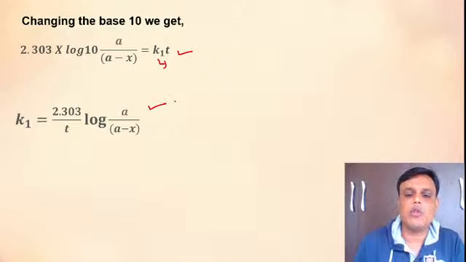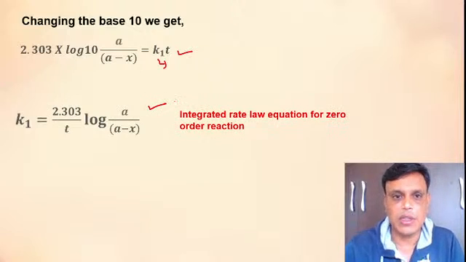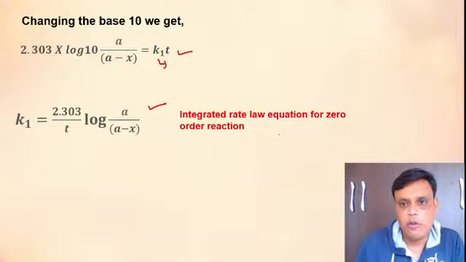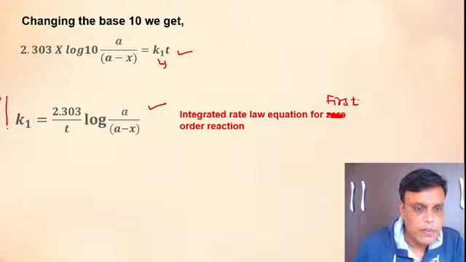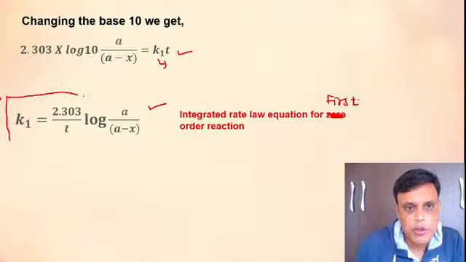This is your useful form of integrated equation. This is your integrated rate law for first order reaction, not zero order reaction, here first order reaction. So this is your integrated rate law equation for first order reaction, which is very important.